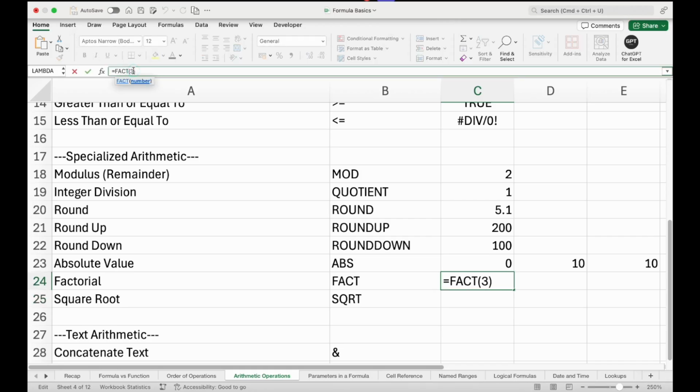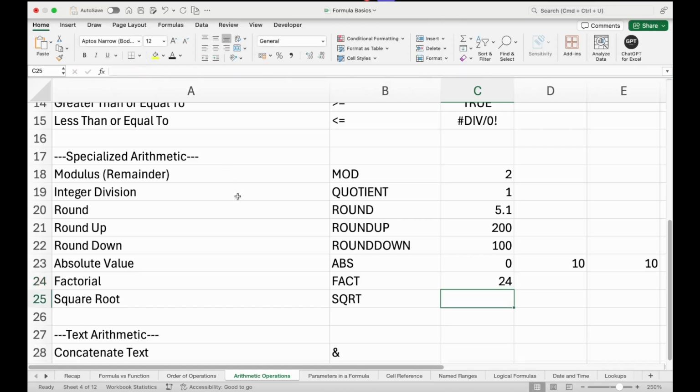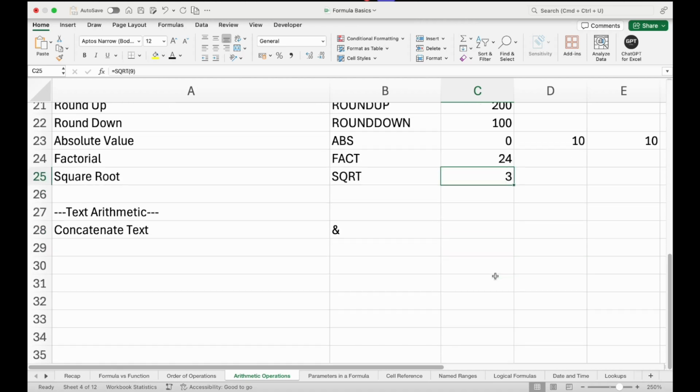Now factorial of 4 would be 6, which is the factorial of 3, multiplied by 4, which is going to be 24, and so on. Square root. So SQRT of 9 is 3. I hope everyone knows what a square root is. It's finding the number which multiplied by itself gives you the original number. So 3 multiplied by 3 becomes 9, which is the original number.